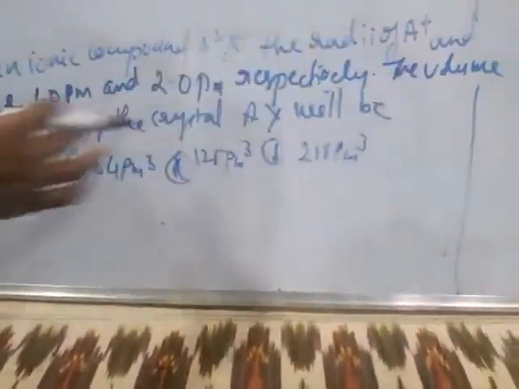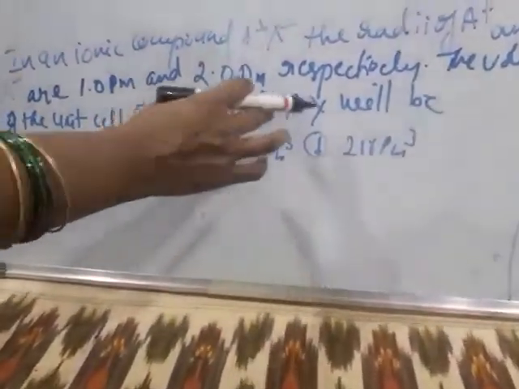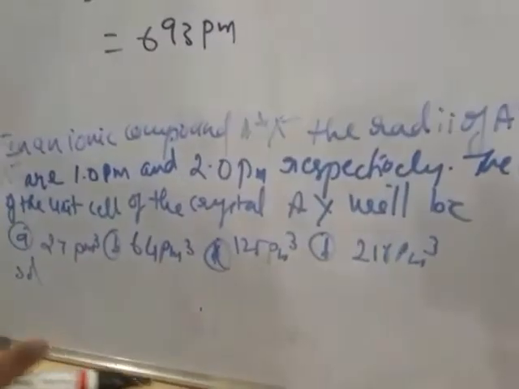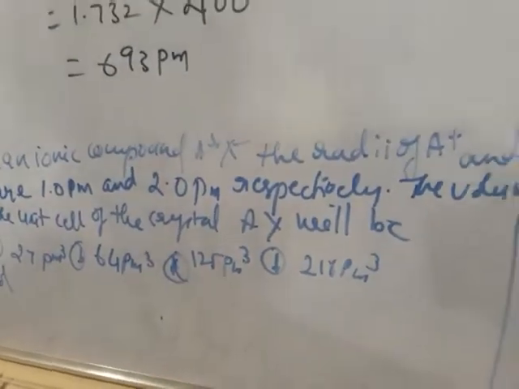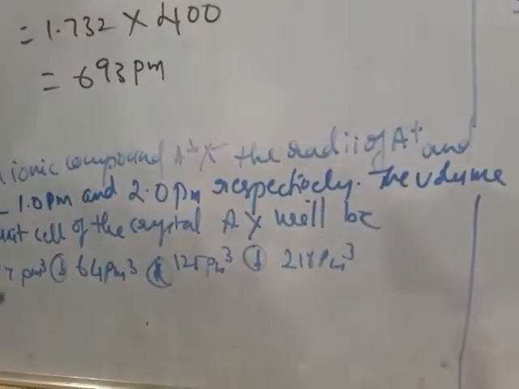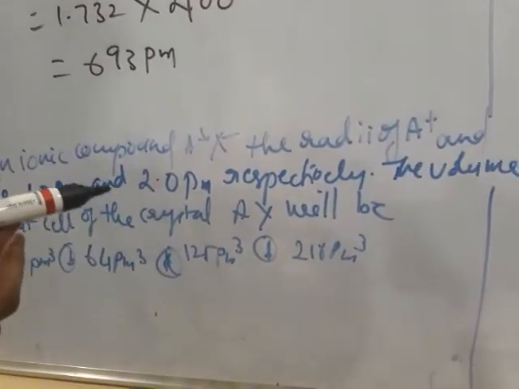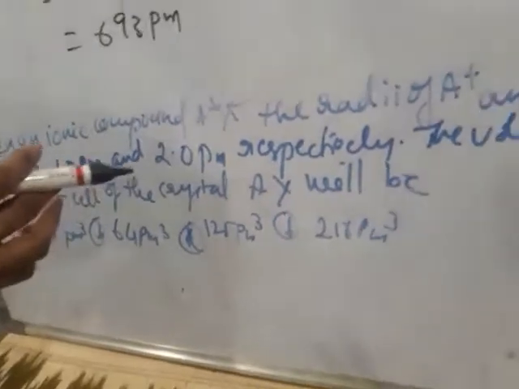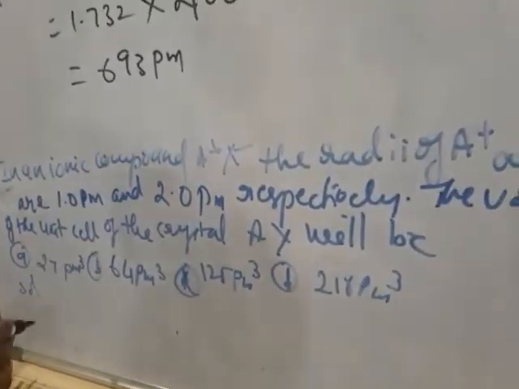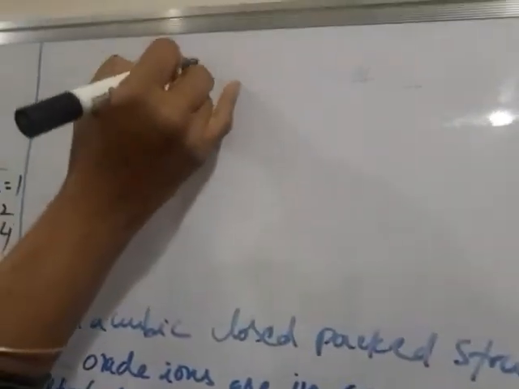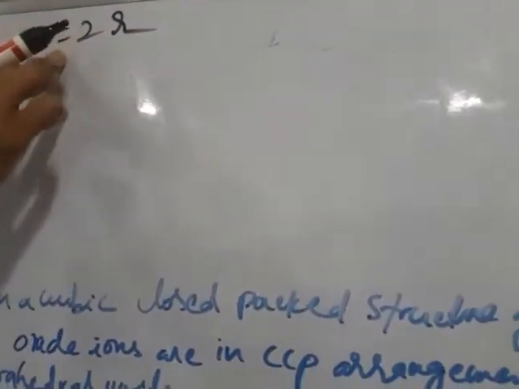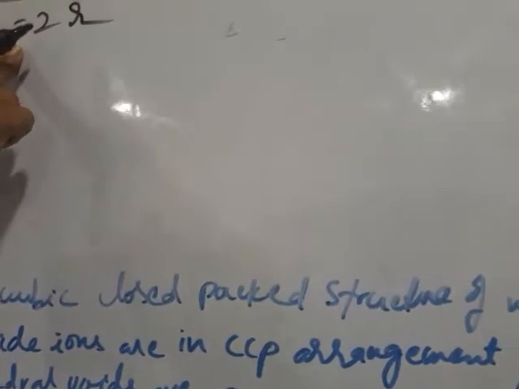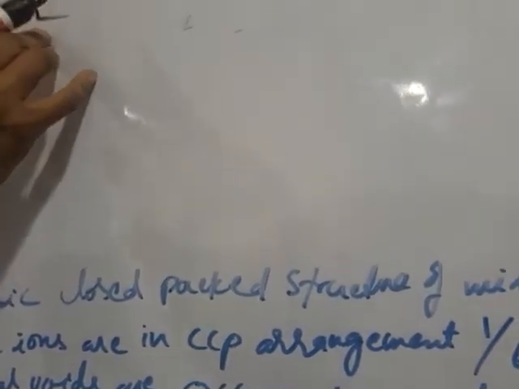The volume of the unit cell of crystal AX will be, you have to find out the volume. So you know about the edge length. Edge length is equal to a. The formula for edge length a is equal to 2r. What is a here? Edge length. What is r?